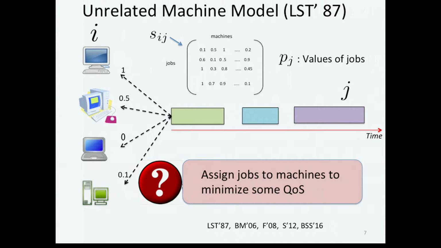For example, the Lenstra-Shmoys-Tardos rounding in '87 is the prototypical application of LP rounding. And some of my favorite results in recent years, like Bansal and Sviridenko's result on Santa Claus rounding, and the Santa Claus for unrelated machine rounding by Ola, were all studied in the context of this problem. So it has practical relevance, but it is arguably the most fundamental model in approximations and scheduling theory.